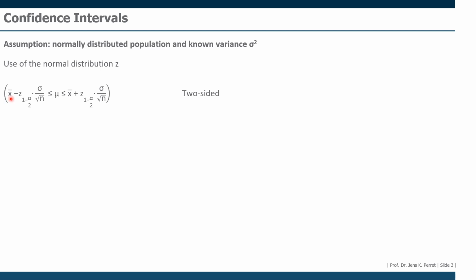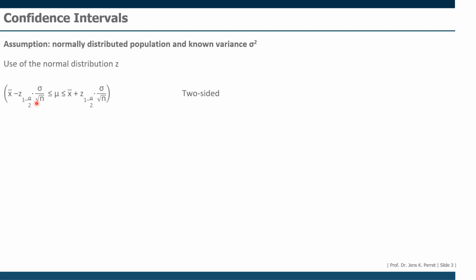We take the arithmetic mean, then either we subtract or add the standard deviation divided by the square root of the number of observations, and this value from the distribution. Well, we see two things here.